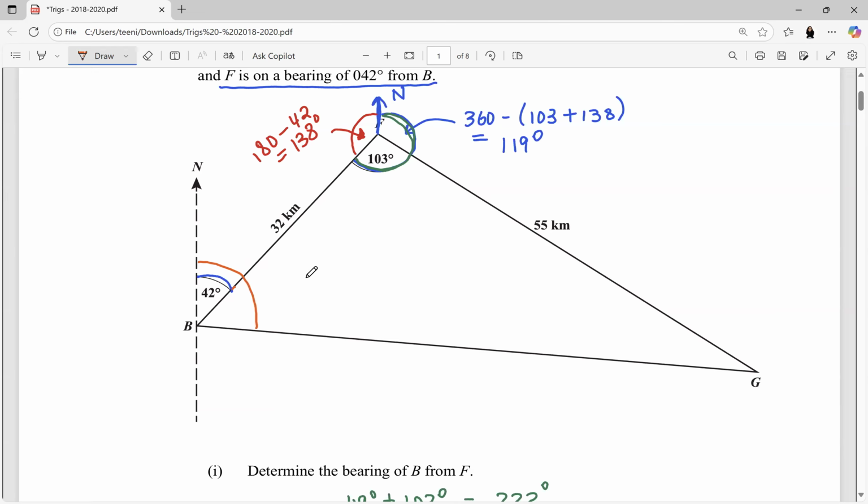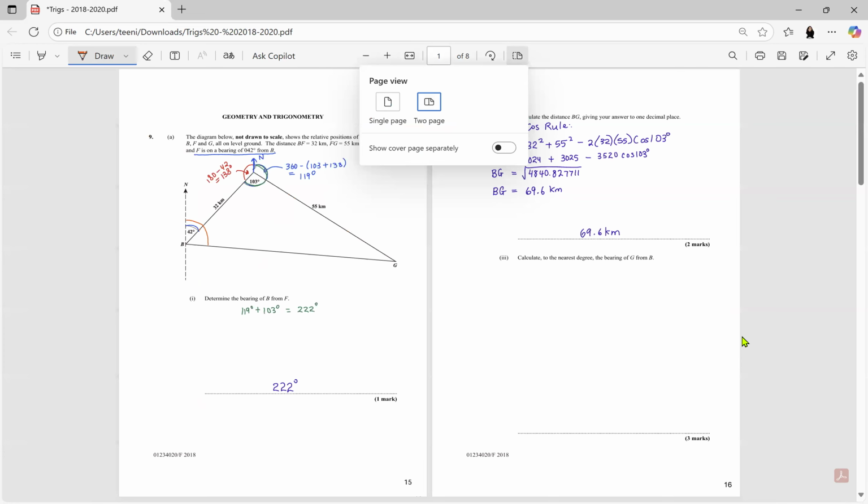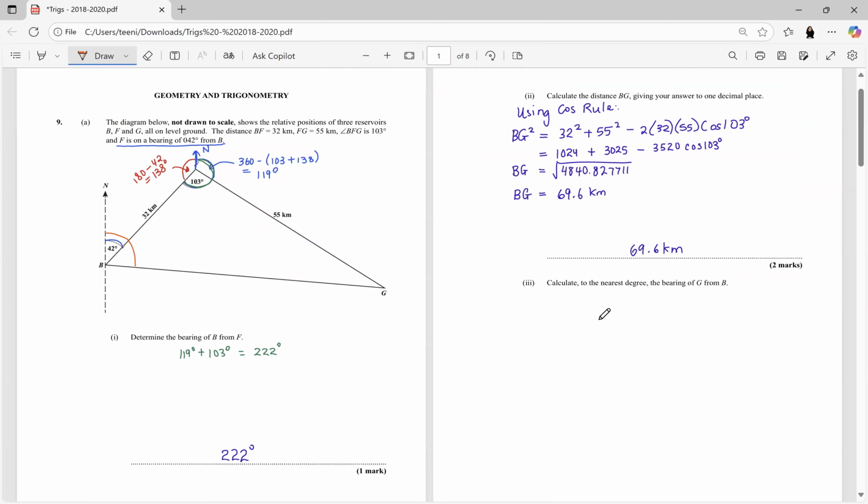We could use the sine rule. We could also use cosine, but let's use the sine rule to figure out what angle FBG is equal to. I'm just doing this so I can see what I'm doing.